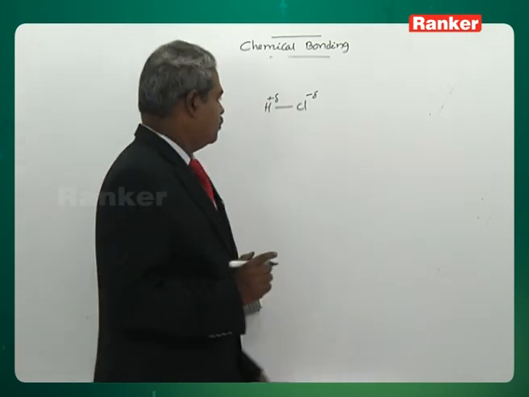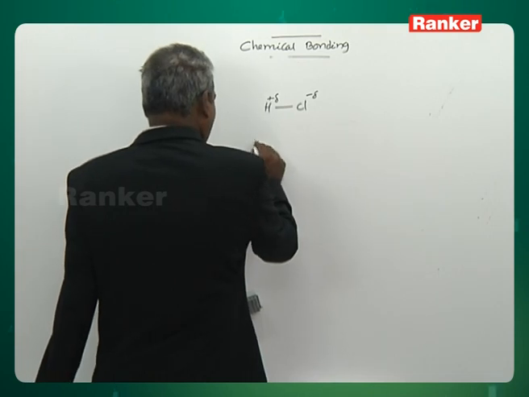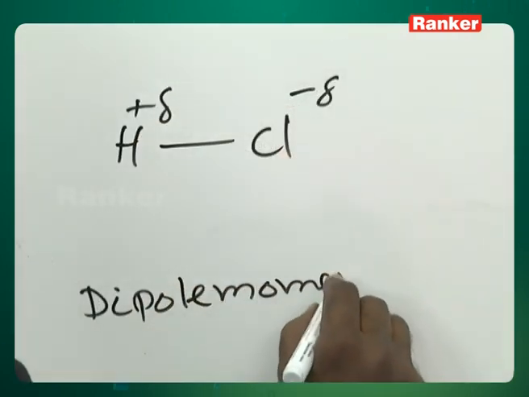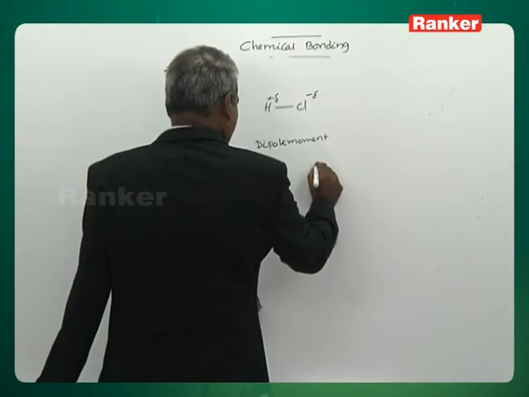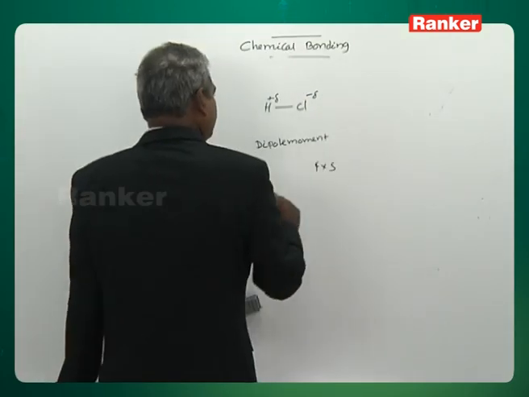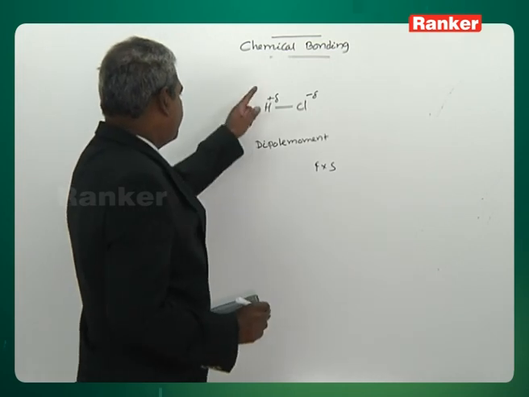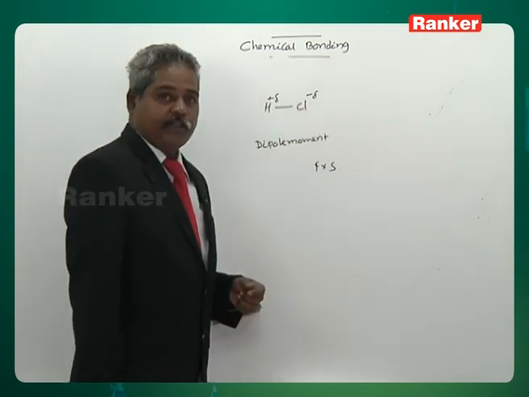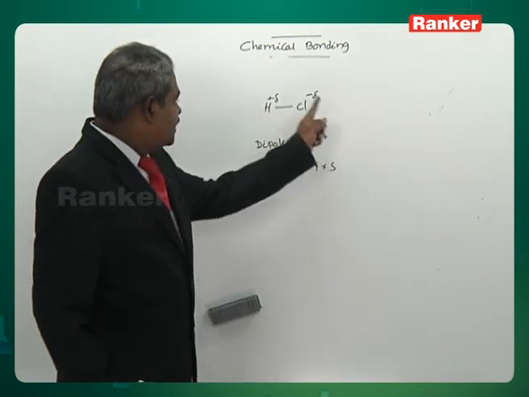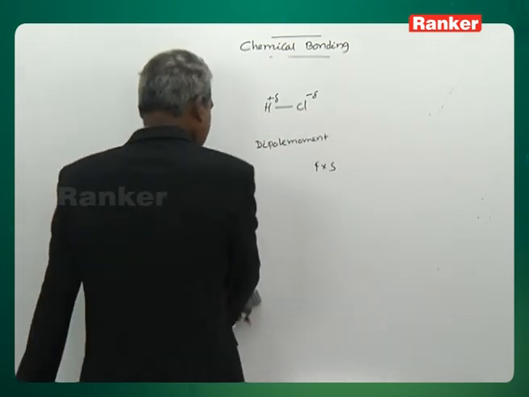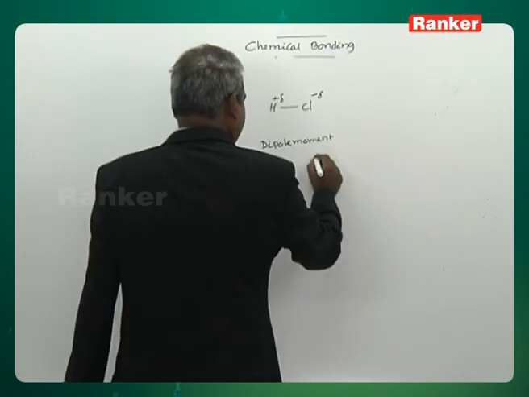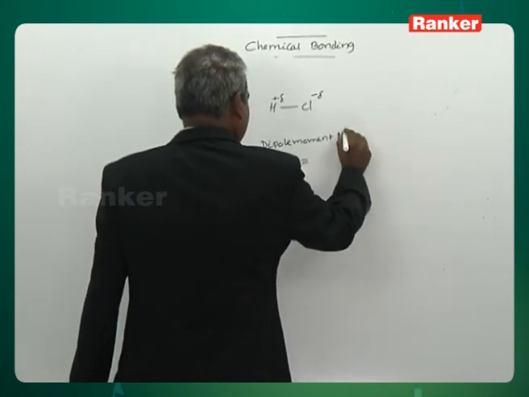So, moment of forces, which is called dipole moment. What do you mean by moment? Force into distance from where the force is acting. Here is a positive charge and here is a negative charge. Some force is acting between them, and how far that is acting from decides the dipole moment of the molecule. Dipole moment is mu.